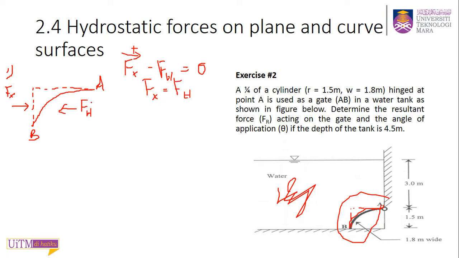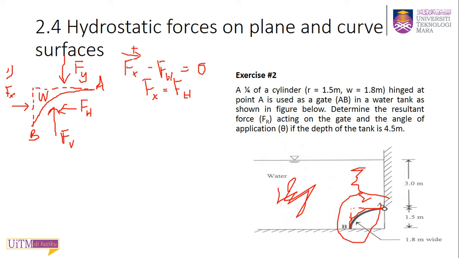Now in the vertical direction, you know your water is up here, so the hydrostatic force exerted by the water on this imaginary plane, Fy, is acting downwards, and you have another force against this, the Fv, acting on the curve. Remember, Fh and Fv are always acting on the curve. And you have one more term, which is W, the weight of the liquid inside this.